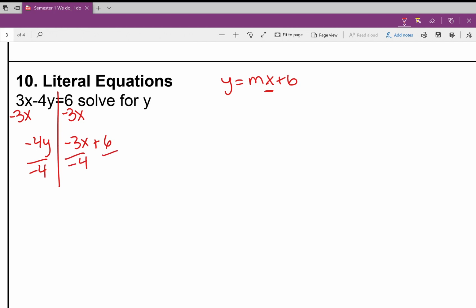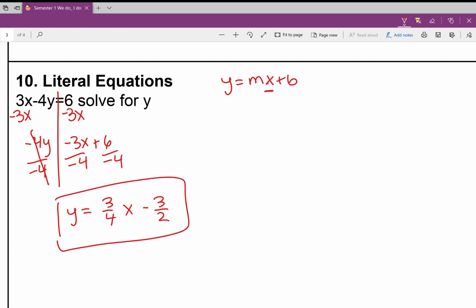So I'm going to divide everything by -4. So these ones cancel and I'm left with y equals -3 divided by -4 is just 3 over 4. The negatives just turned into a positive, so 3 over 4x. And then 6 divided by -4, if you do that in your calculator, is going to be -3 over 2. So that's my answer.